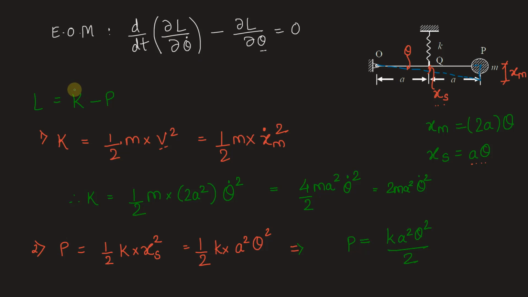We have the kinetic energy and we have the potential energy, so we can find the Lagrangian. The Lagrangian will be just the difference of the two. We'll directly put the Lagrangian value in the equation of motion. As per the equation of motion, it is d/dt of the partial derivative of L with respect to theta dot. The only term having theta dot is the kinetic energy.